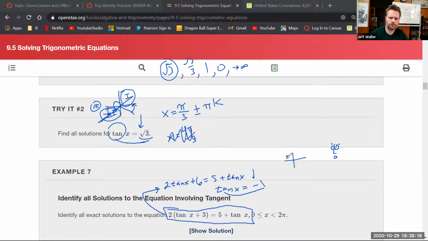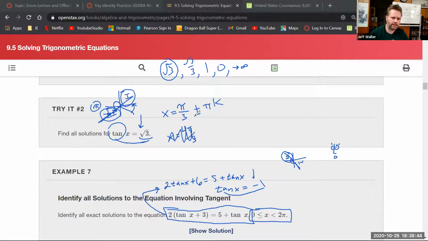It's going to be in 2 and 4. So again, we're not surprised that the angles I get are exactly pi apart from each other because the period of tangent is pi. That makes sense. So if you find the answer here, you're basically done. Now here's the interesting part. This just wants all the answers between 0 and 2 pi, right? So then I might as well find the answer here too.